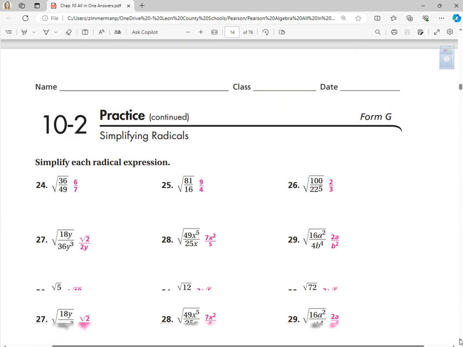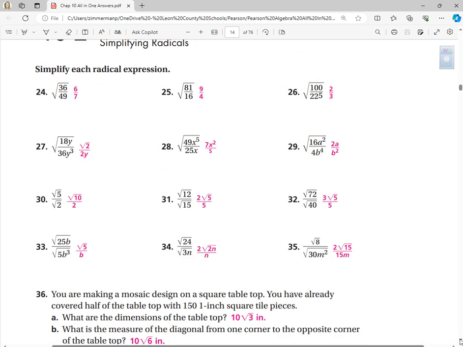We did those two together. Here's the back page. Anybody have questions on any of them?